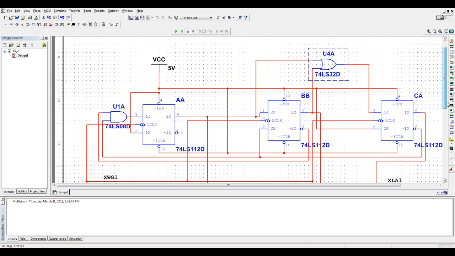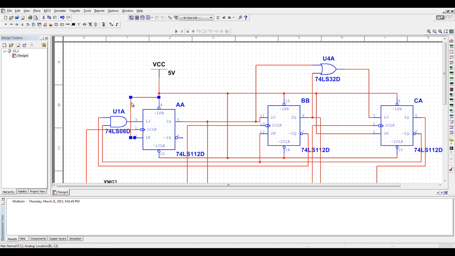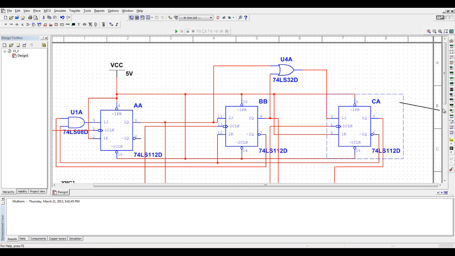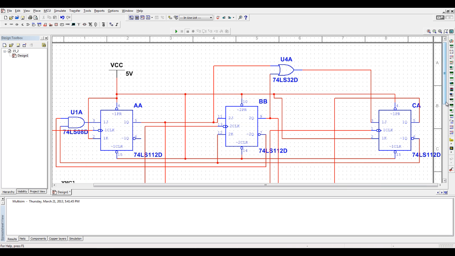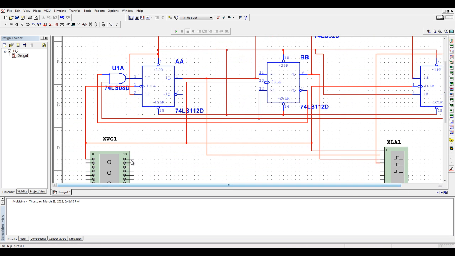So when it's 1, we just plugged it into VCC. This is also plugged into VCC. Clears and PRs are all plugged into VCC. Wouldn't play with them. The clocks are all plugged into the word generator right here, and it's hooked up like this: A, B, and C.